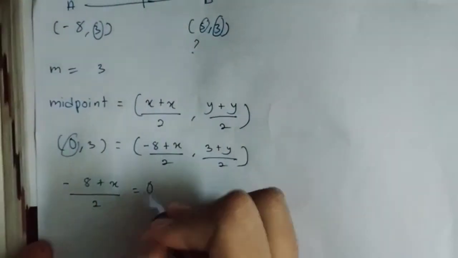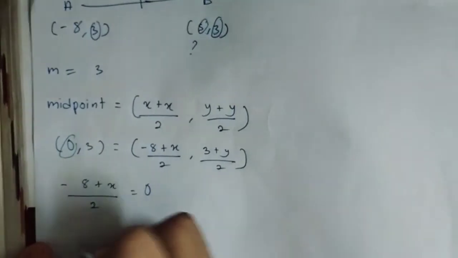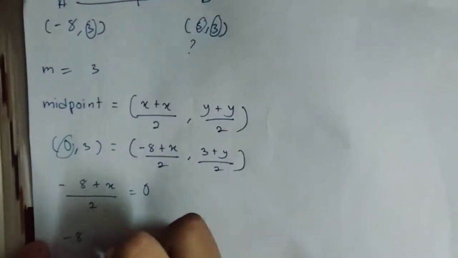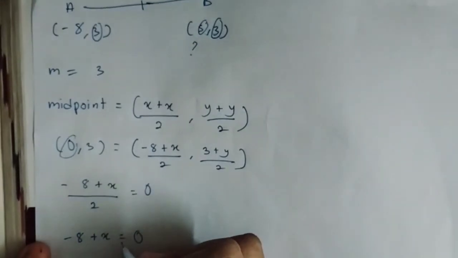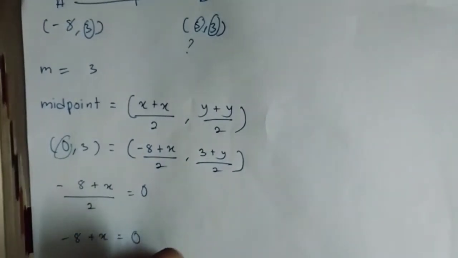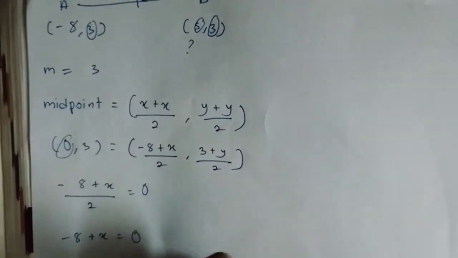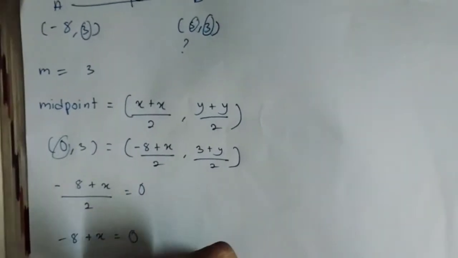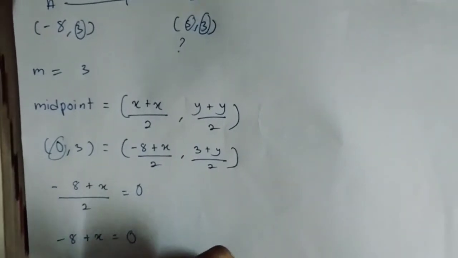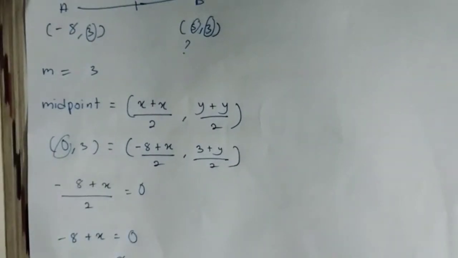So 2 times 0 is 0. x equal to negative 8 plus 8. x equal to 8.